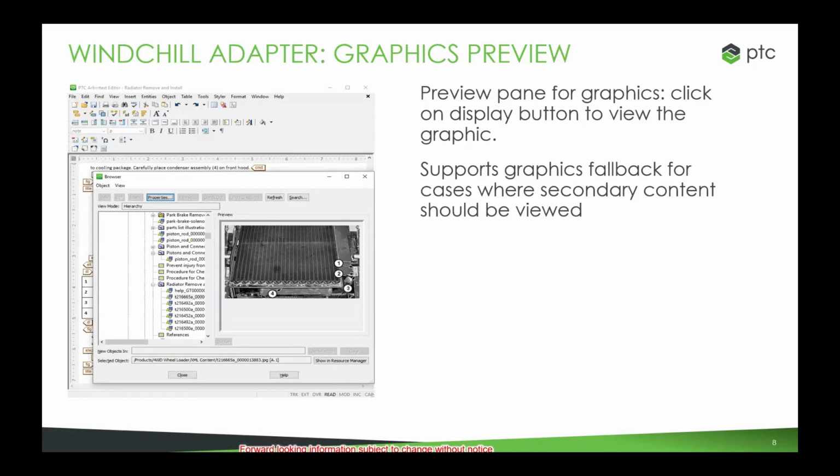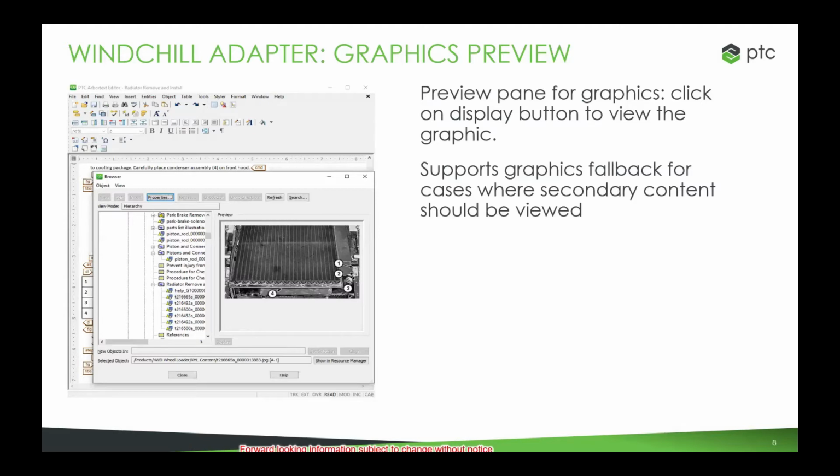It's a little hard to see right now because it's grayed out in this screenshot, but there's a display button just below that preview pane. If you want to get a preview of something in the CMS, just click on display and you'll be able to see the preview of that graphic. That's pretty much how the resource manager worked as well.